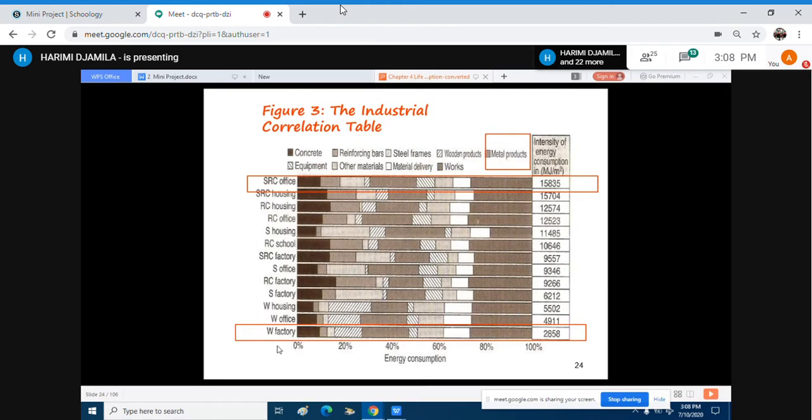And you observe the intensity of energy consumption, the amount of energy consumed, if you compare a factory made with wood and an office made with reinforced concrete. Here you observe it's 15,835, whereas the one made with wood is 2,858.